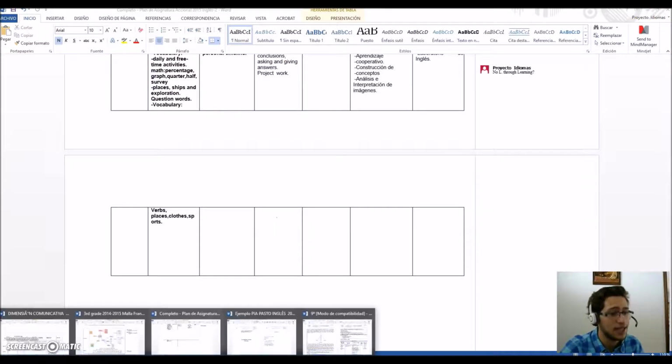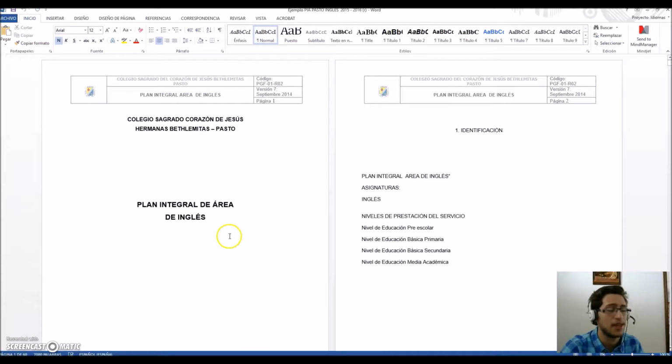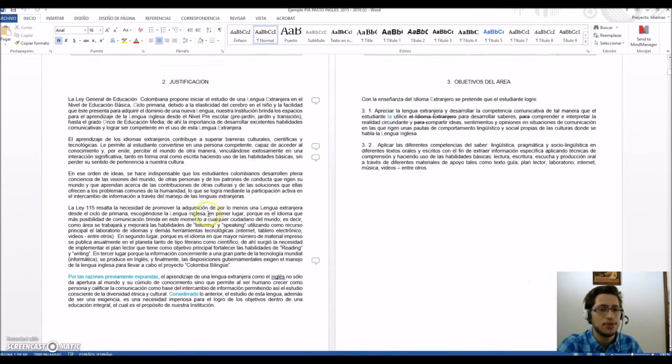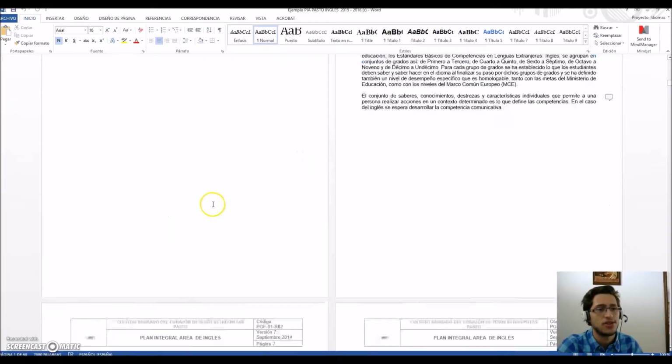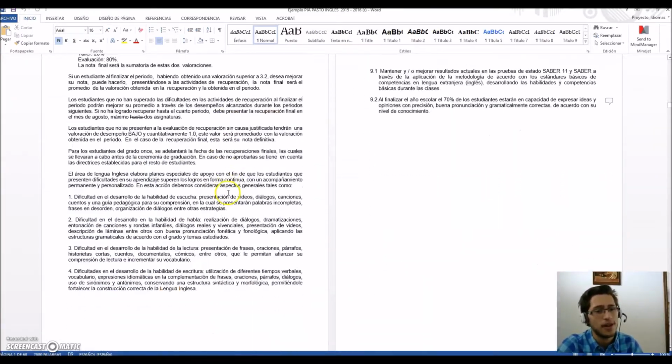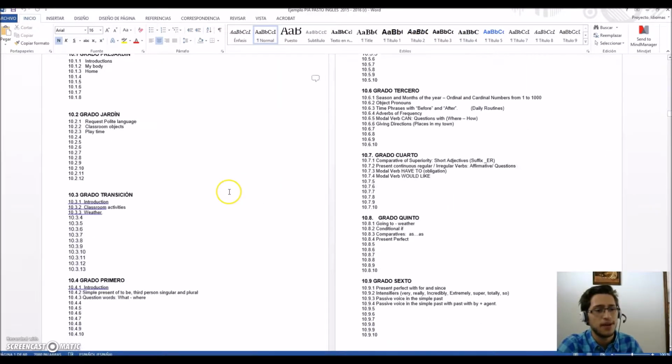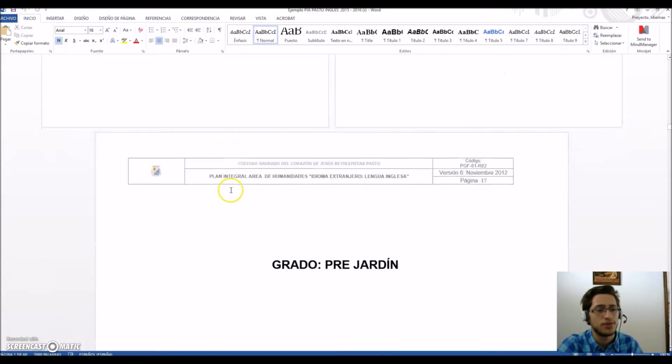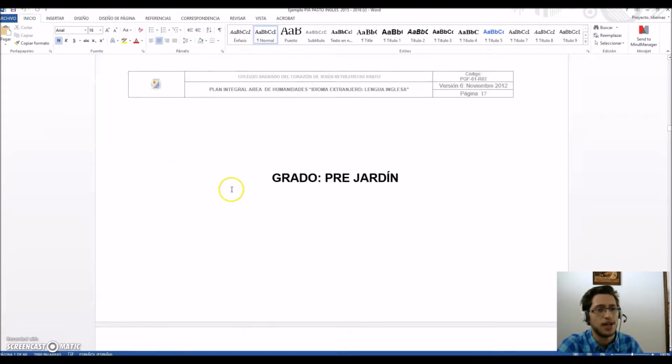And last but not least, I have another example. And this is the example from our Bethlehemite colleagues in Pasto, Colombia. So, this is the syllabus. They have their introduction, all of the theory, all of the methodology, okay, but we want to reach this part in which they mention the 4Cs, and it's right here.